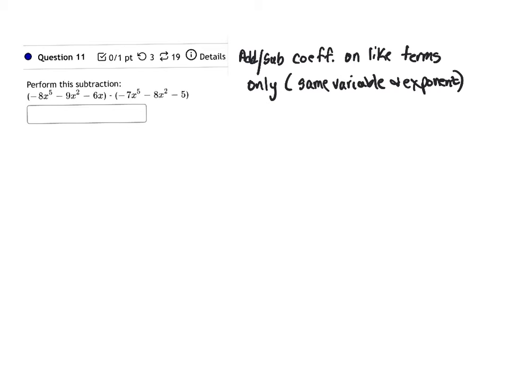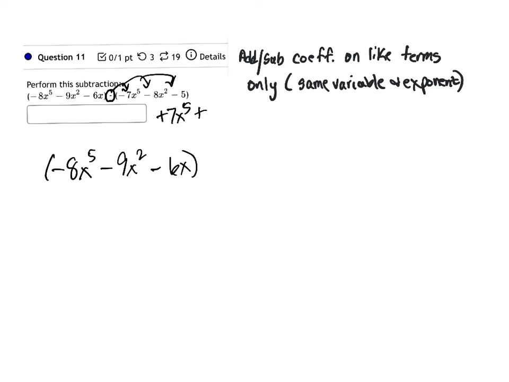We are going to be subtracting these polynomials. Now, subtraction, this is the key right here. This minus changes all of the signs after it to the opposite, because minus means the opposite of. So the -8x to the 5th, I'm going to rewrite this, -8x to the 5th minus 9x squared minus 6x. And I'm going to change this to a plus 7x to the 5th, a plus 8x squared, and a plus 5, because that negative changes those.